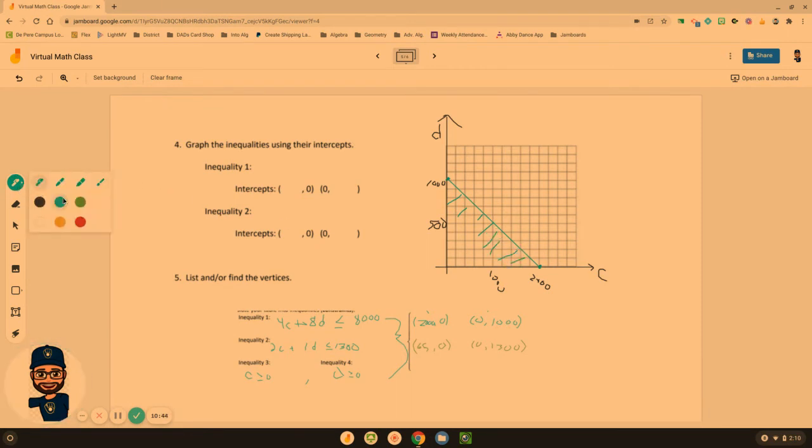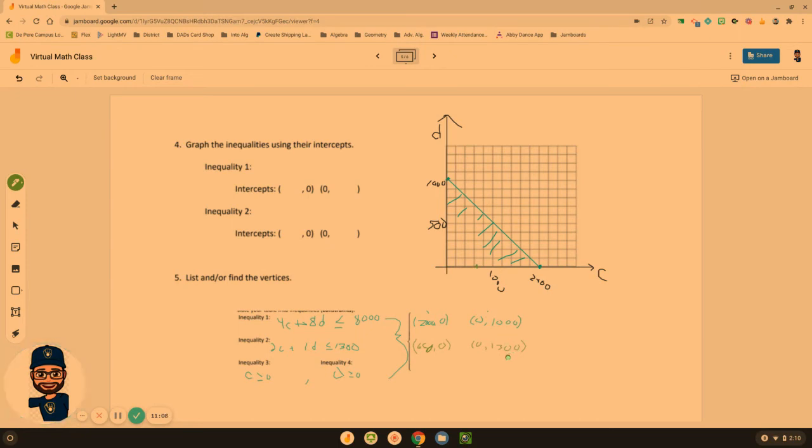Then we can go to the green, where we have 65. So what did I count by? Shouldn't be 65. That should have been 650, Mr. Goodacre. I'm sorry if I confused you on the last slide. 650. So 200, 400, 650, we're going to say is somewhere right in there.